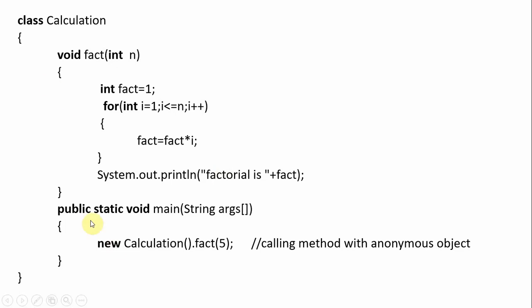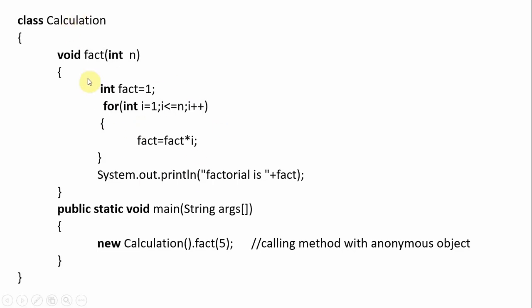Let's say an example. Class Calculation, void factorial, where we are calculating the factorial. I think you know factorial calculation well, so the concept you have to observe here is not the factorial program. Fact we are defining, and in the same class we have the public main method. Along with the main method we can have any number of methods.